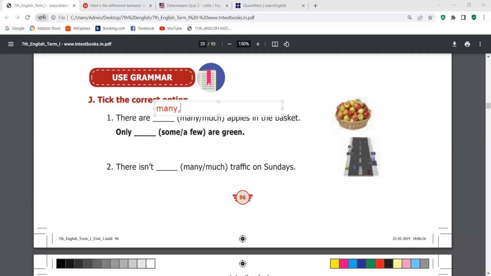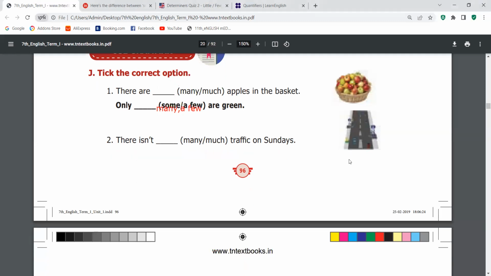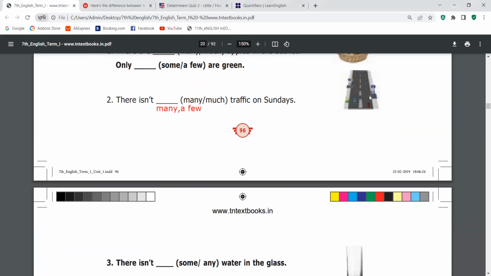There isn't dash traffic on Sundays. There isn't much traffic.